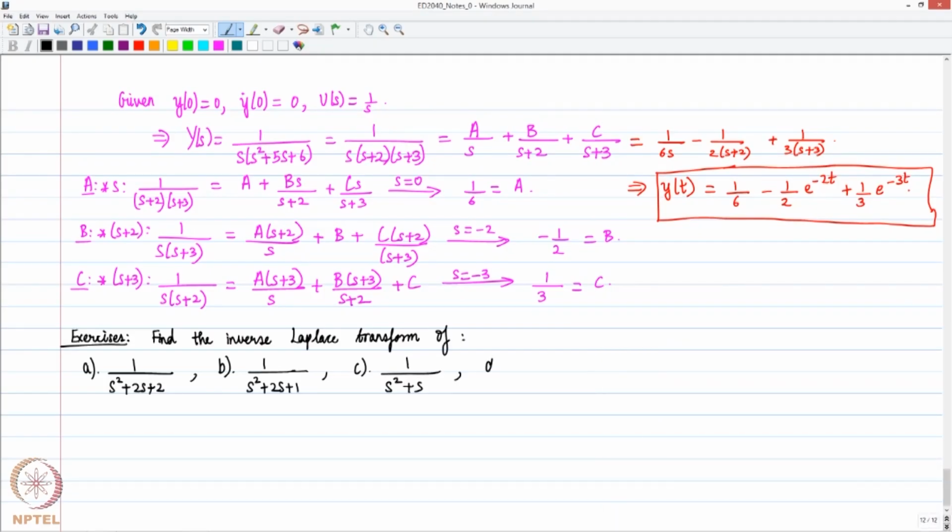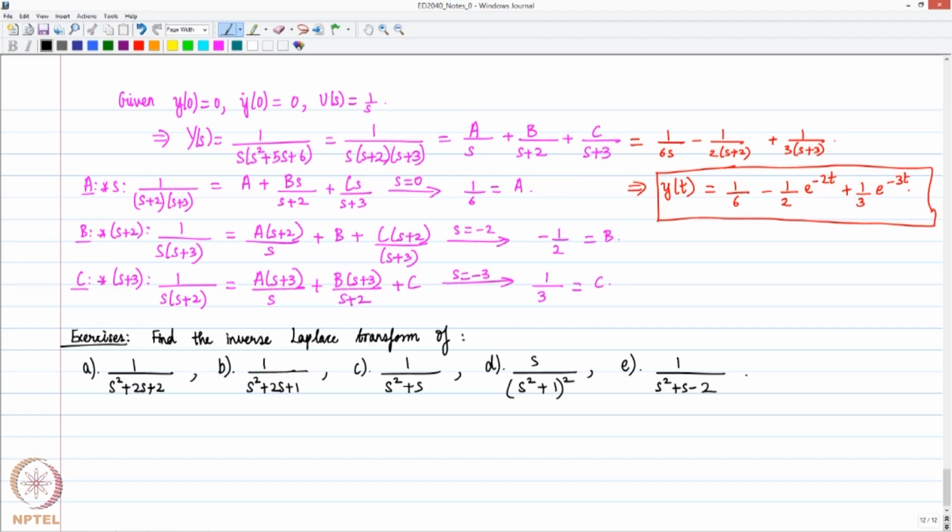Okay, so 1 divided by s squared plus 1. Okay, and let me say s divided by s squared plus 1 whole squared. Okay, let's make it interesting. And then let's say 1 divided by s squared plus s minus 2.